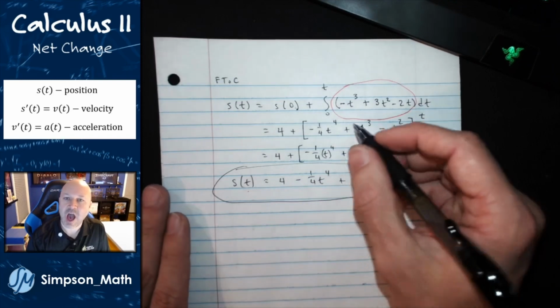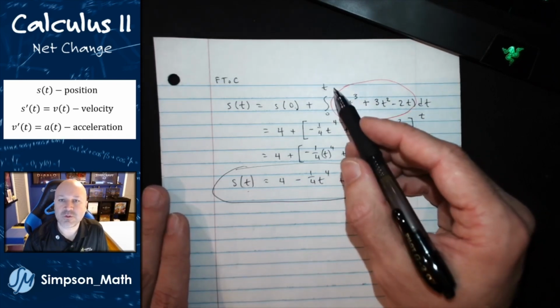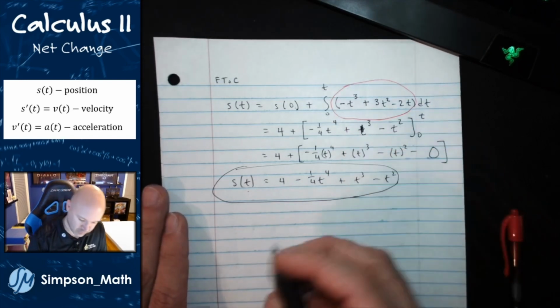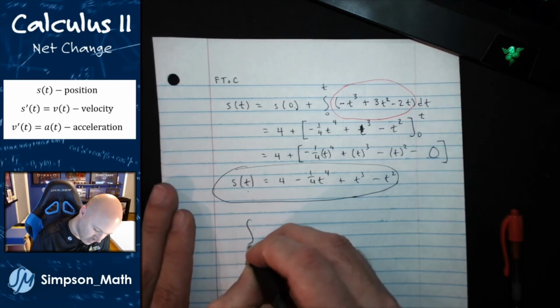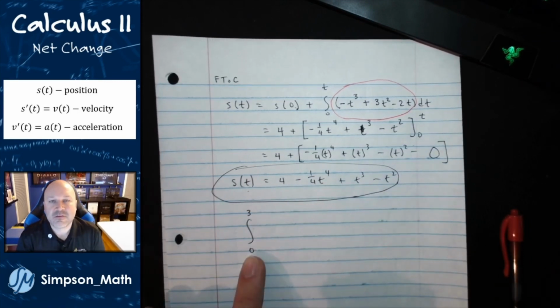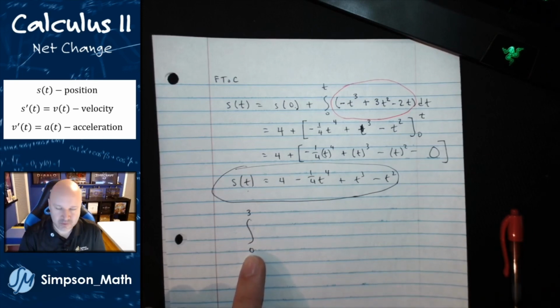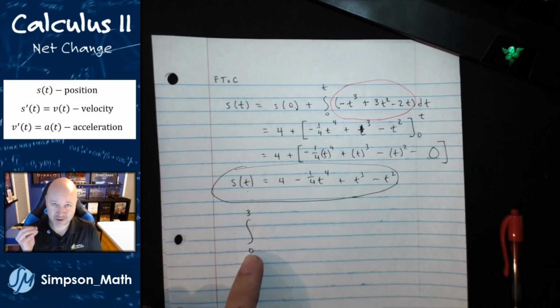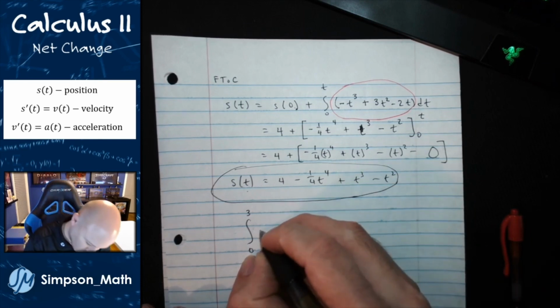I'm going from 0 to 3. In those 3 seconds, how far did I move? I'm going to plug this into the antiderivative of velocity, which I'm calling the position function.